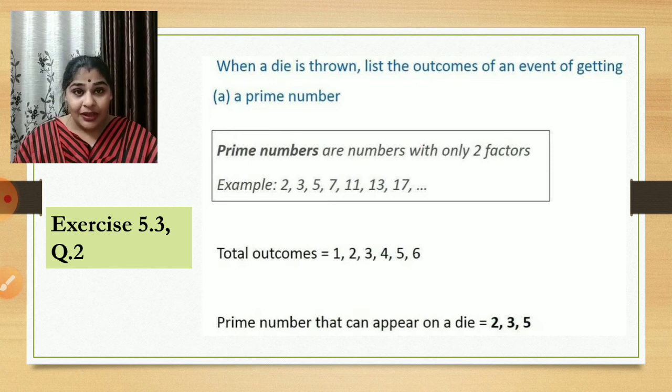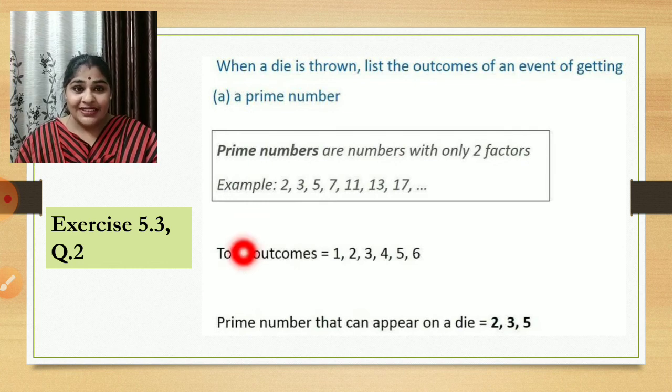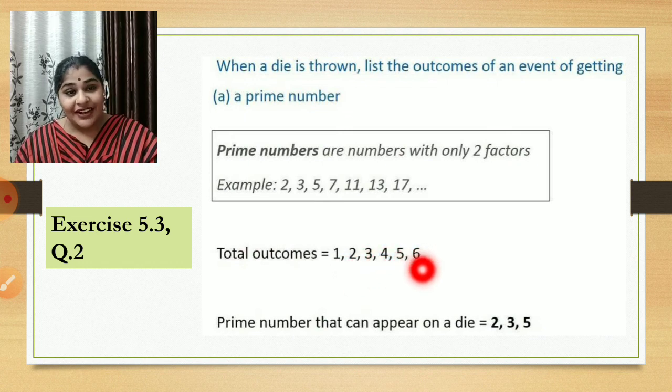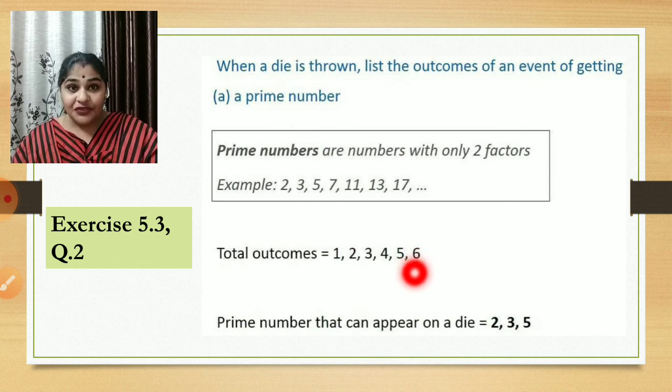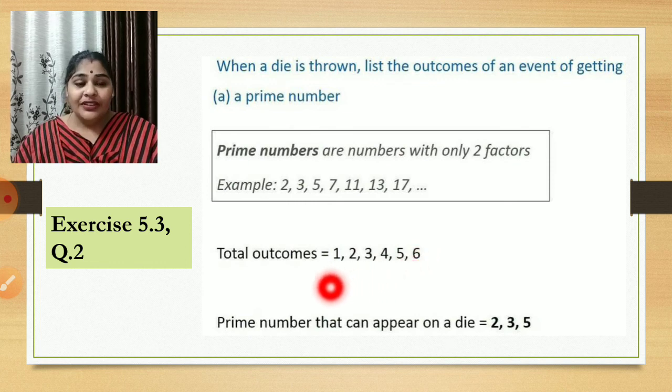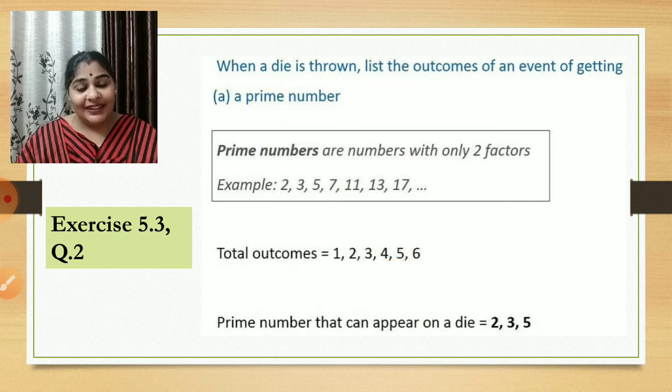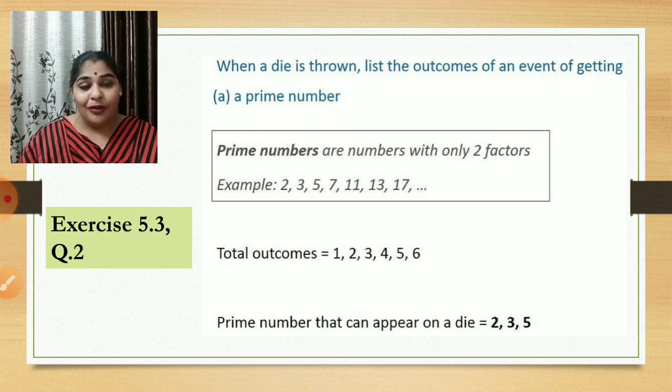So total outcomes when you throw a dice are what? 1, 2, 3, 4, 5 or 6. Right? There are only 1 to 6 numbers on each face of a dice. Now the prime numbers out of this are 2, 3, 5. So prime numbers that can appear on die are 2, 3, 5.